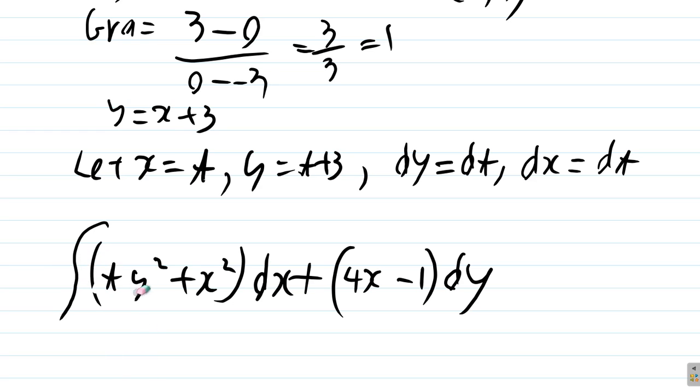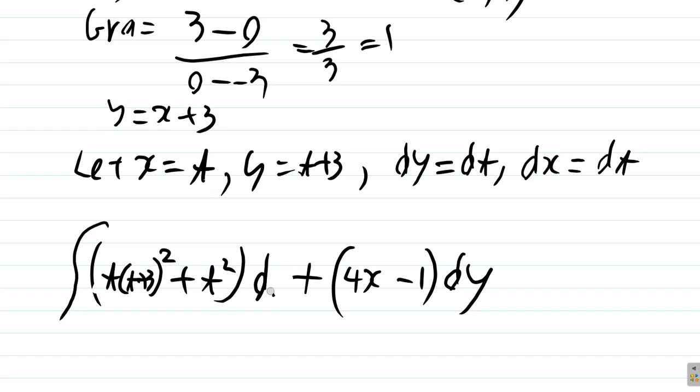Now, here, y squared must then be t plus 3 squared, alright? Plus x squared now. X squared becomes t squared. See that? Dx now, what is dx?